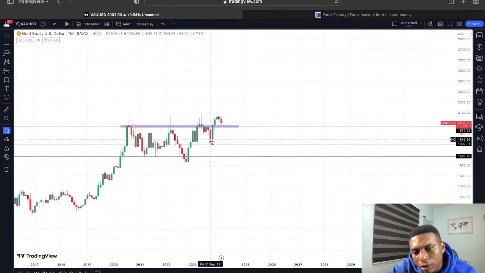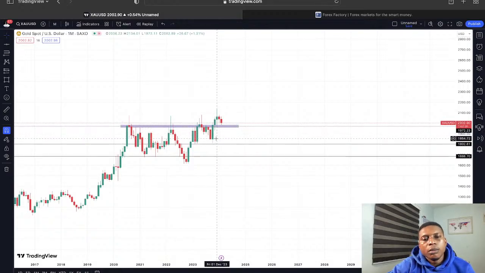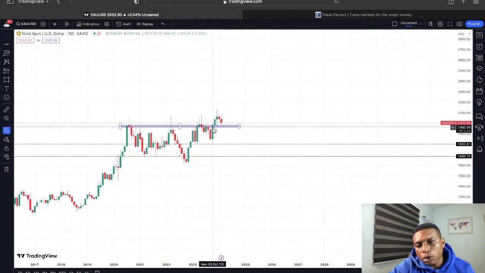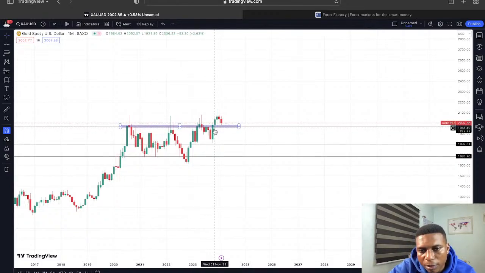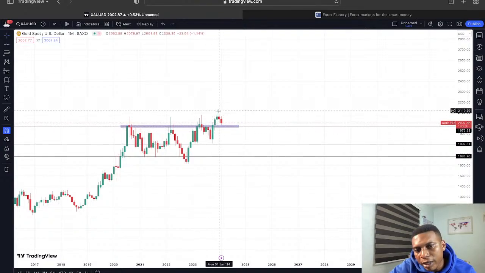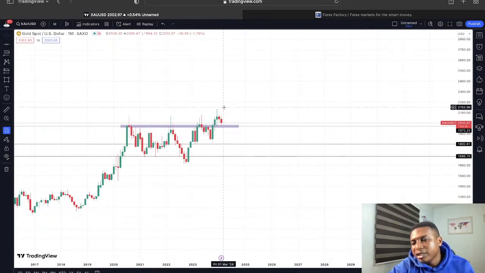We can see that on the monthly time frame here, the gold has broken out of a major resistance zone, and now price has pushed up. After every breakout, there is this ideology I have that there are 80% chances of a pullback.